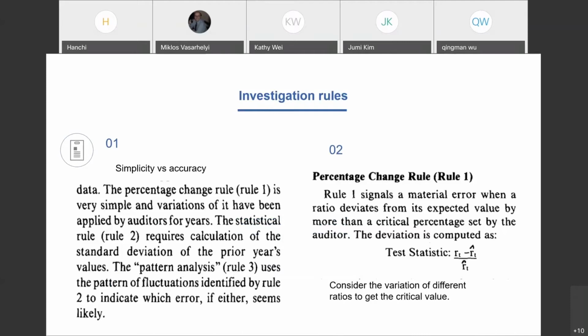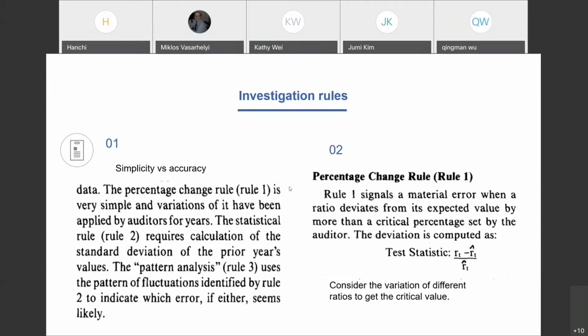The second one is the statistical rule, which requires the calculation of the standard deviation of the prior year's value. And the last one is pattern analysis, which uses the pattern of fluctuations identified by rule 2 to indicate which error, if either, seems likely.